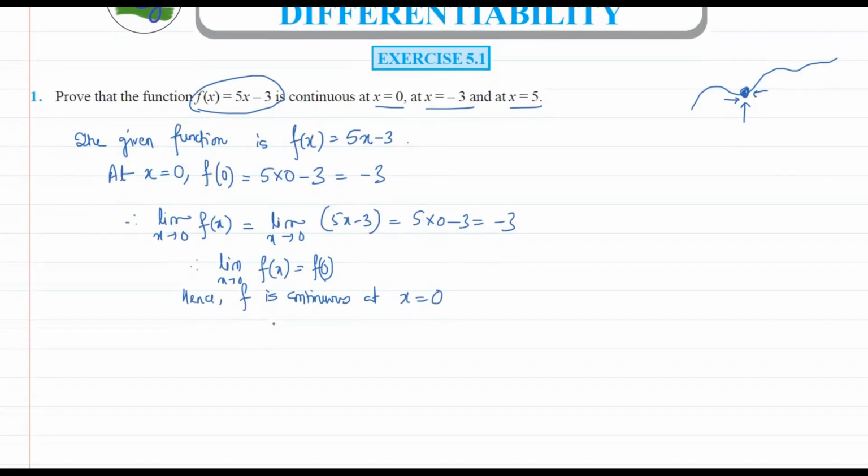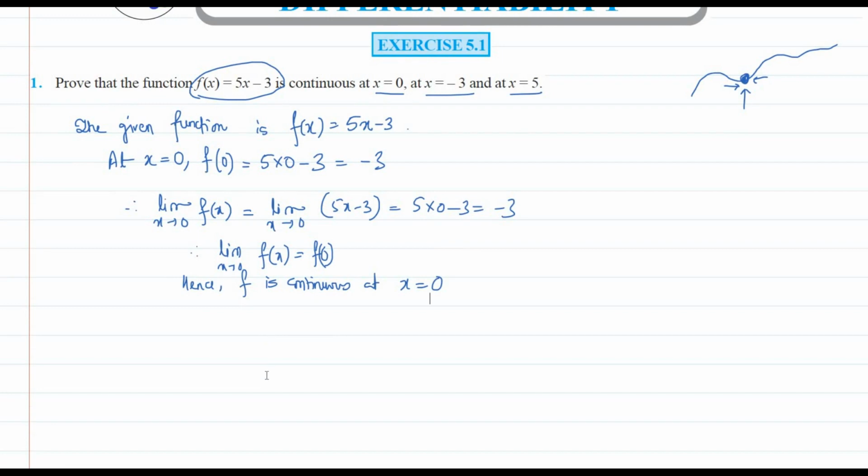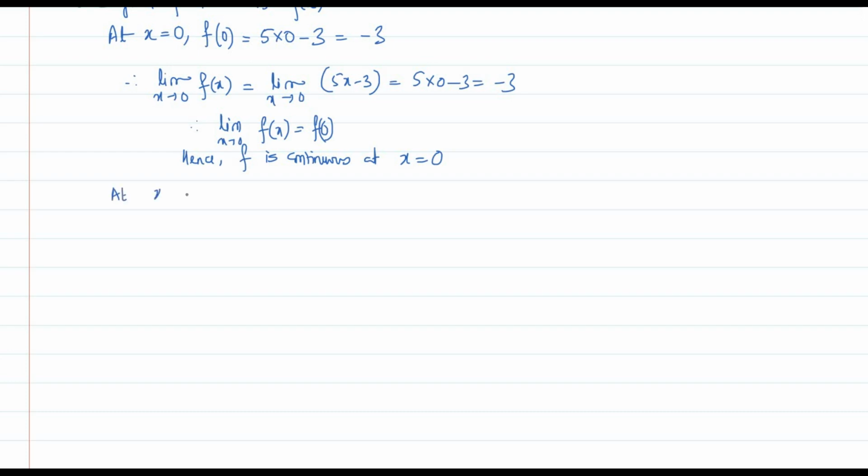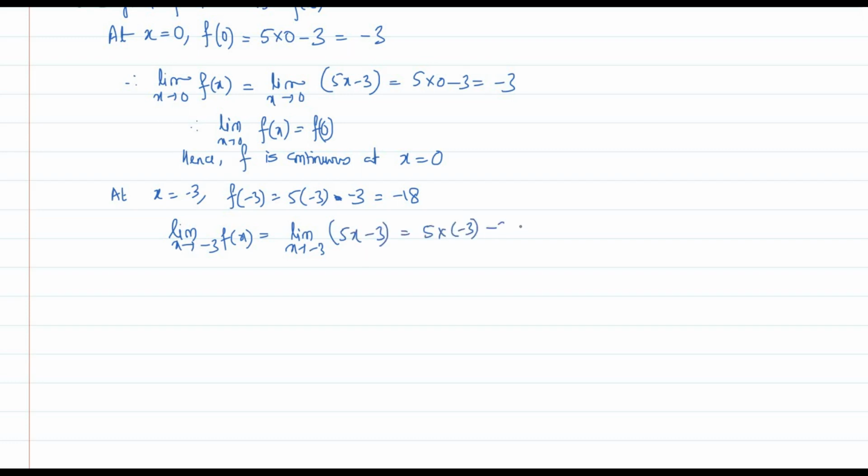In a very similar way, we can also find it for points x equal to -3 and x equal to 5. So at x equal to -3, f(-3) is equal to 5 times -3 minus 3, which is equal to -18. In exactly the same way, limit of x tends to -3, f(x) is equal to limit of x tends to -3 of 5x - 3, that is equal to 5 times -3 minus 3, which is equal to -18.